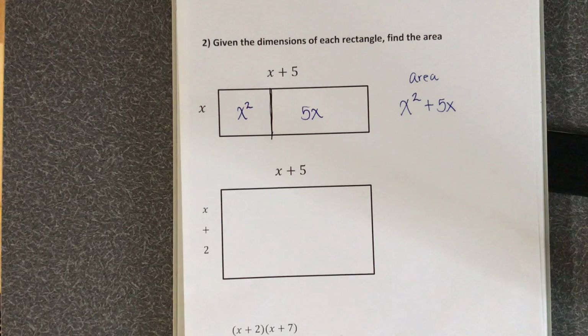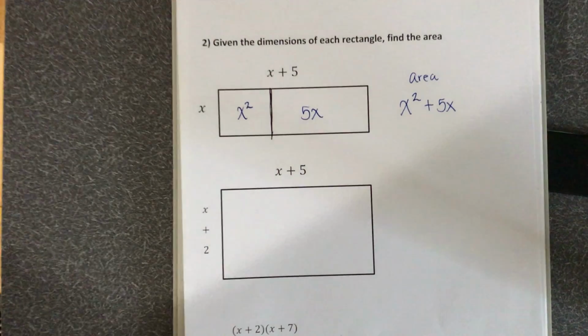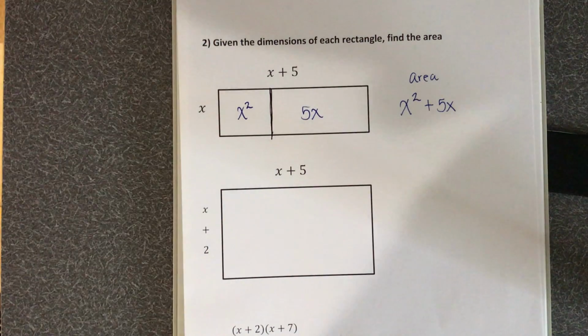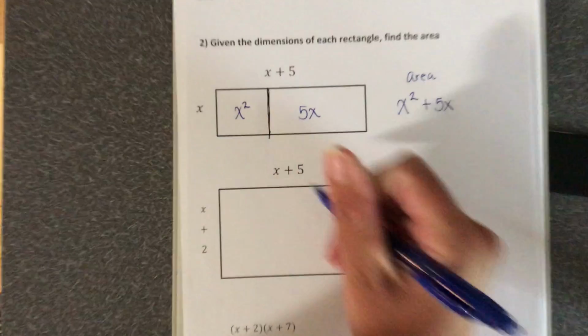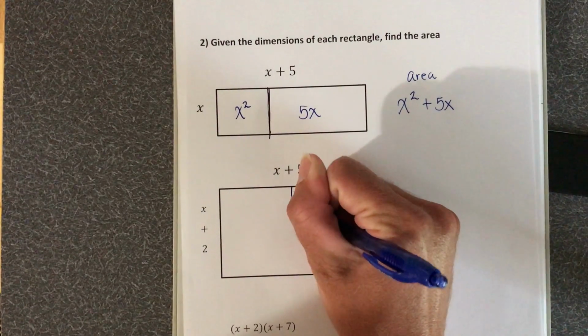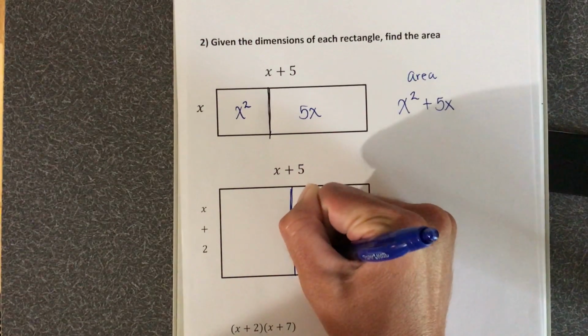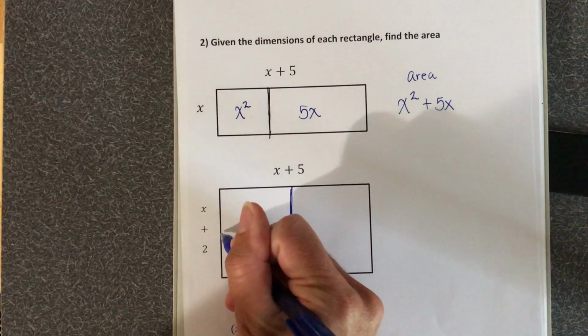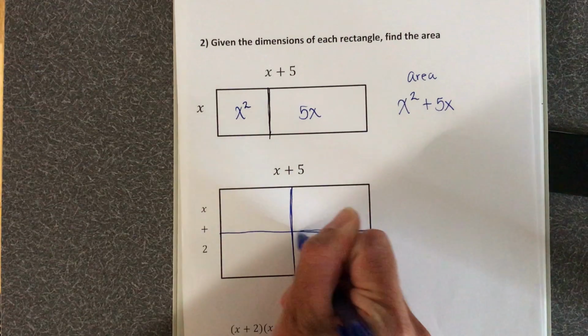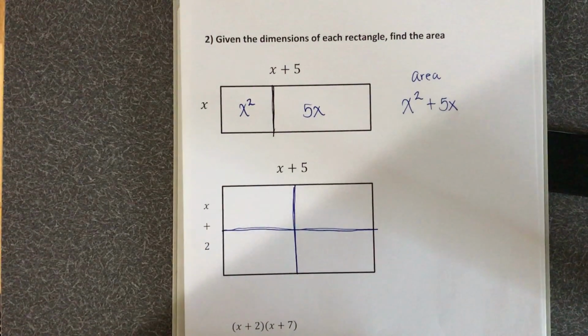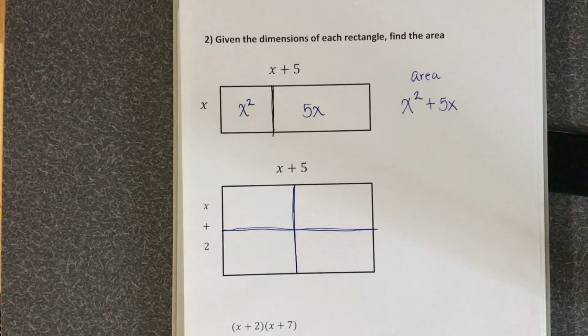Because it's a 2 by 2, I'm going to set up my rectangle and make it into 4 parts. I'm going to drop down here, and here, and find the area of each of these parts.